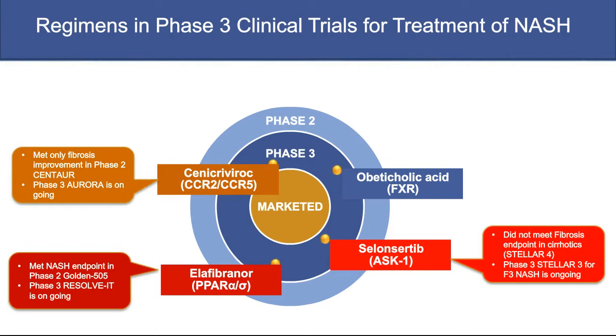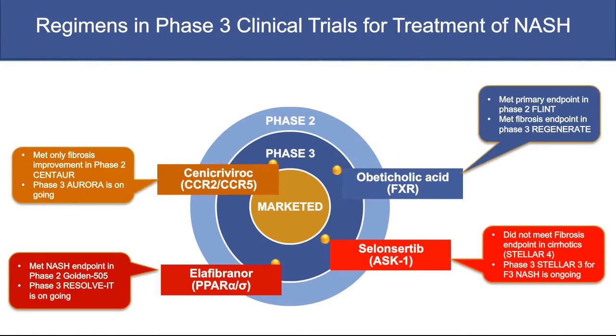Obeticholic acid, which is an FXR agonist, met its primary endpoint in the FLINT phase 2 study, which was carried out by the NIH. The phase 3 clinical trial, REGENERATE, for obeticholic acid was recently released at the International Liver Congress in Vienna, April of 2019.